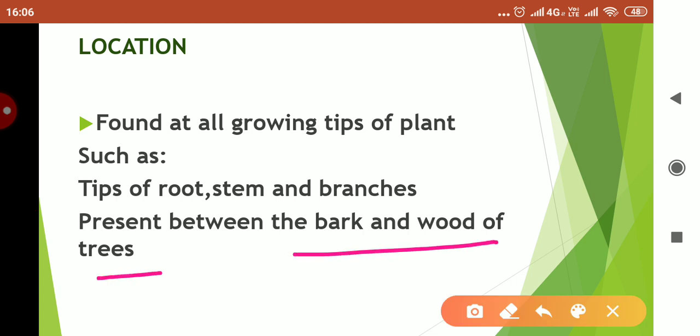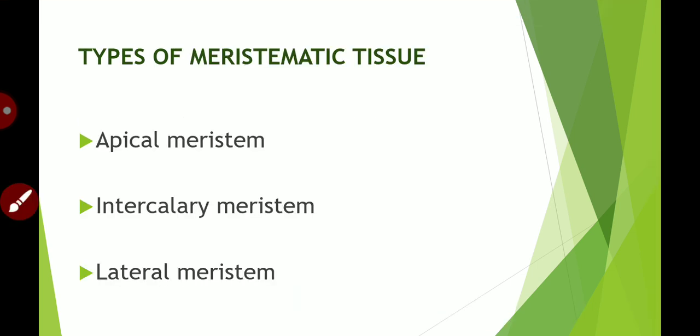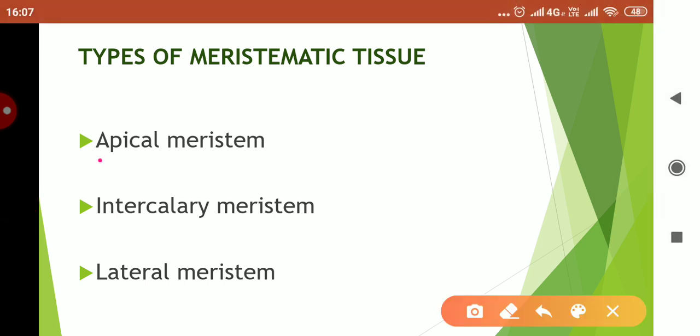In this video, I will tell you, on the basis of location, how the meristematic tissue helps in growing. Now children, types of meristematic tissue on the basis of their location.